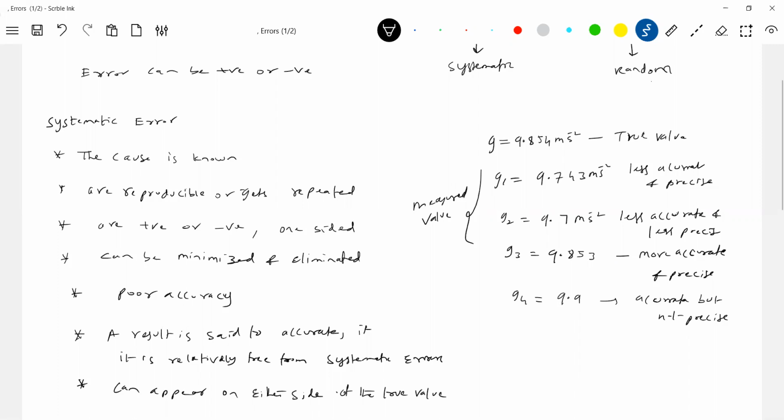No, this one is for random error. Systematic error will more often be on one side of the true value.